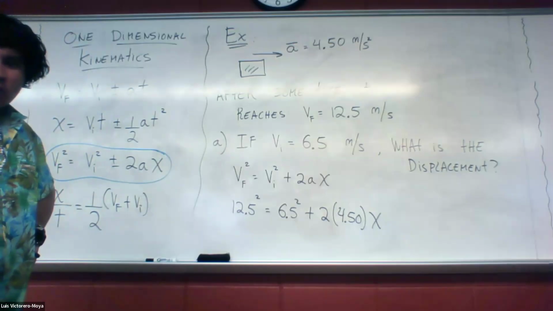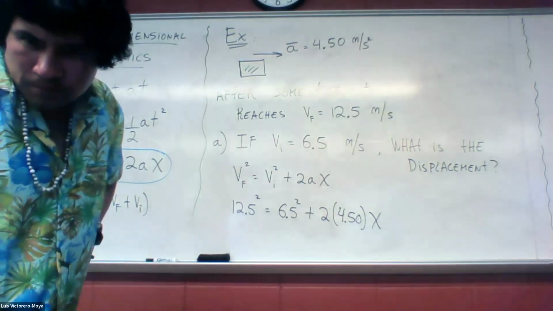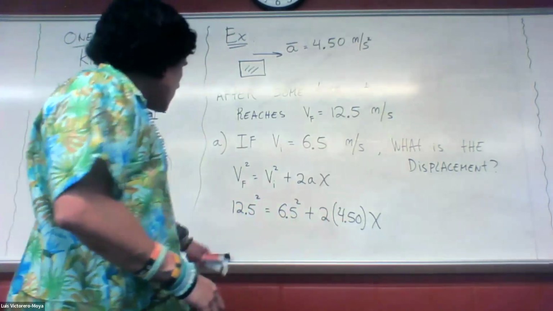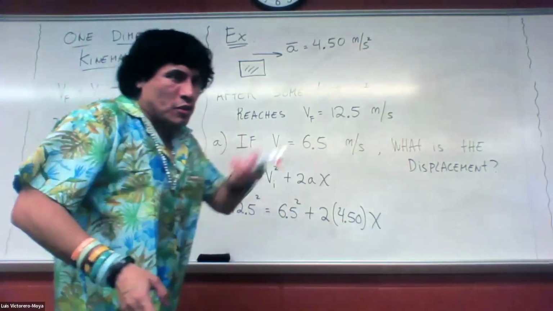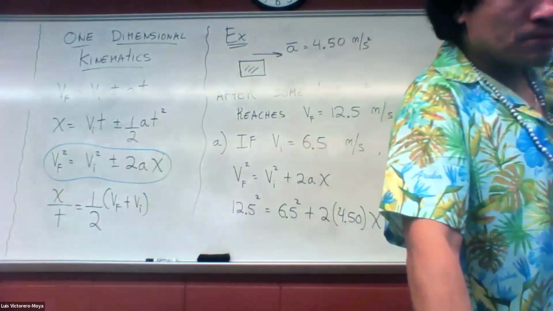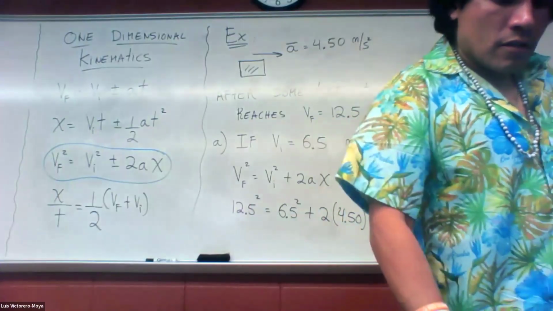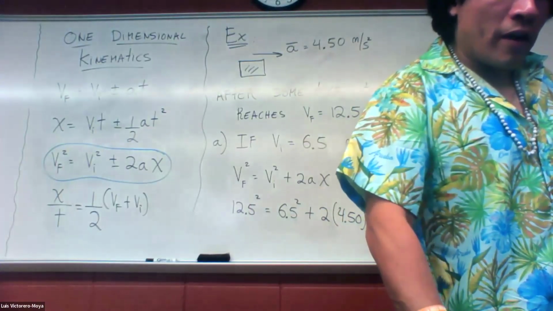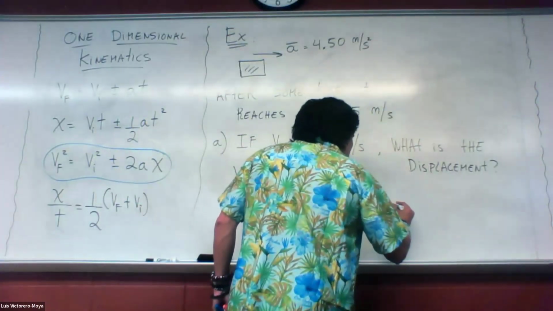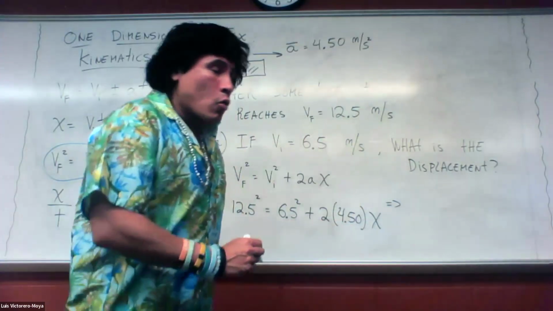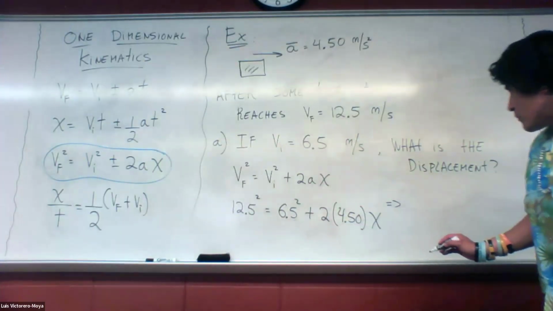So we just have to solve for x. 12.5 squared and 6.5 squared, we're going to subtract those, so let's find the values first. So 12.5 squared, that's 156.25.